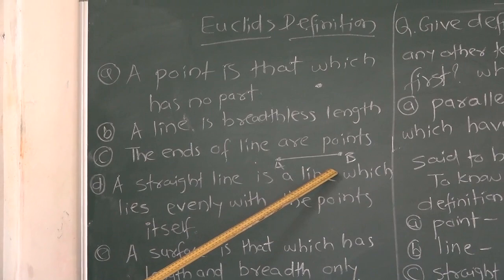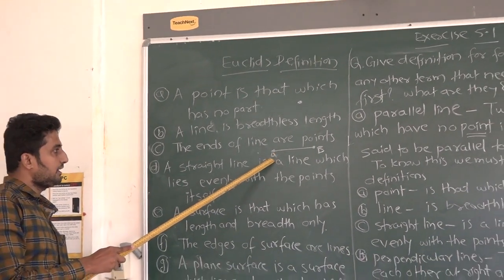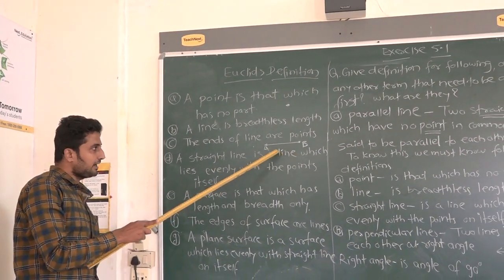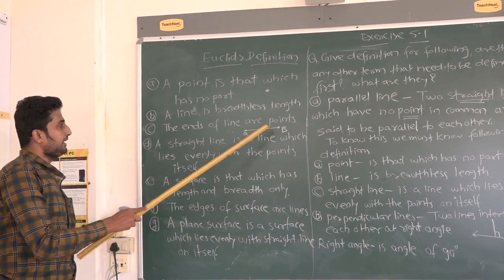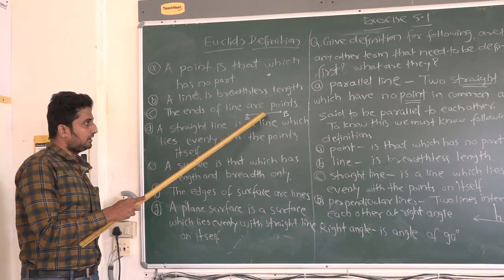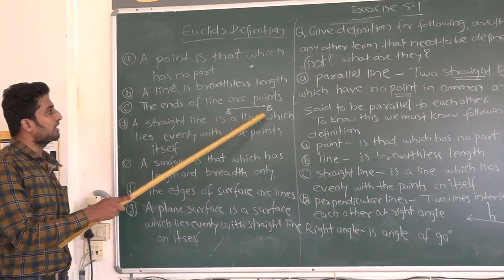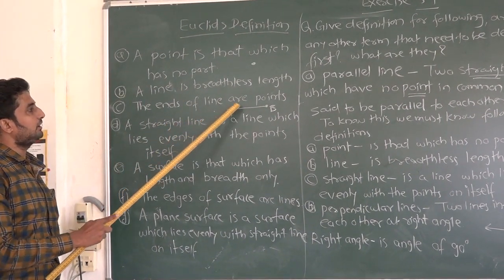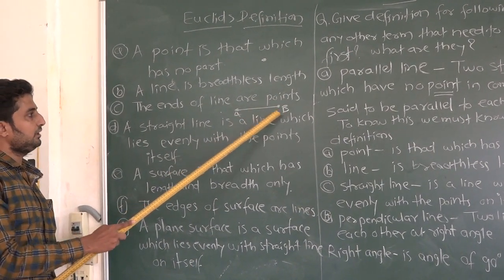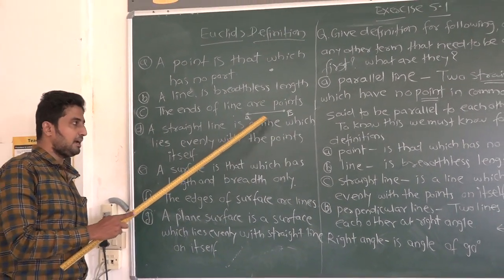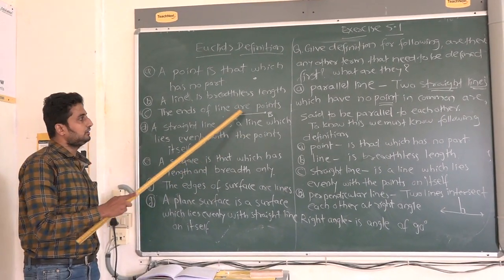If this is a line, and here you will find two different points, they are known as A and B, and these points are known as the ends of the line. So we find here two different points, namely A and B. So the ends of a line are points.